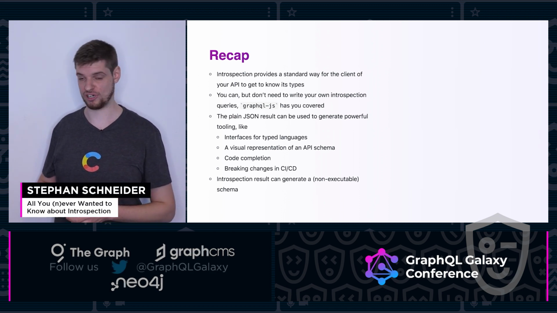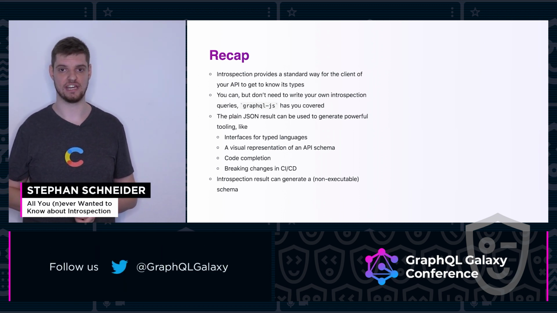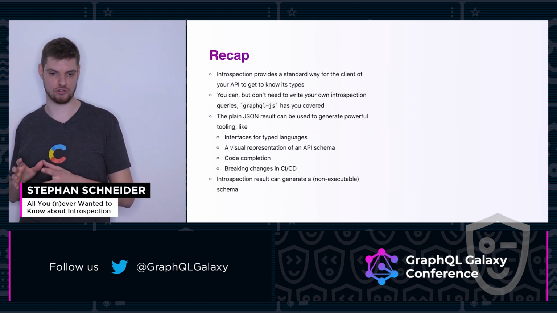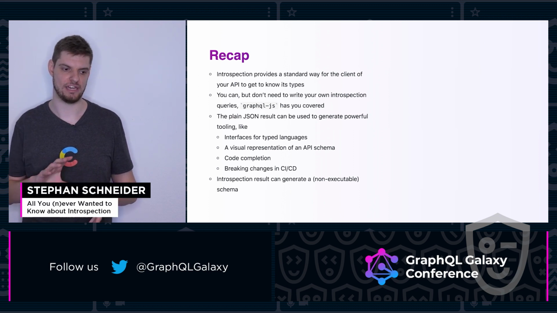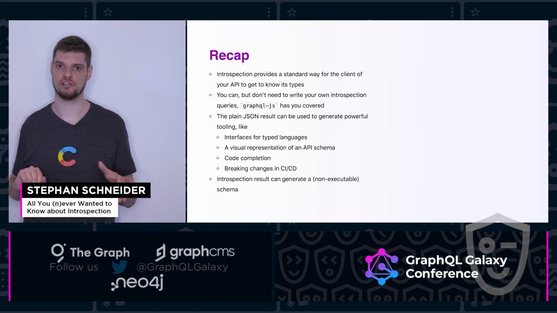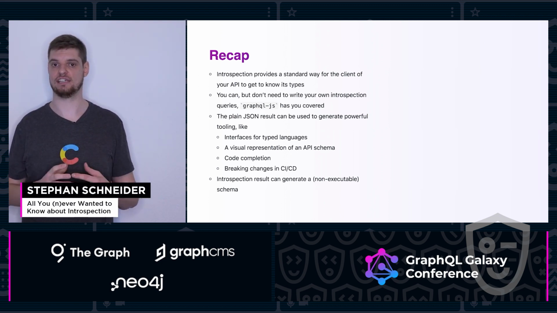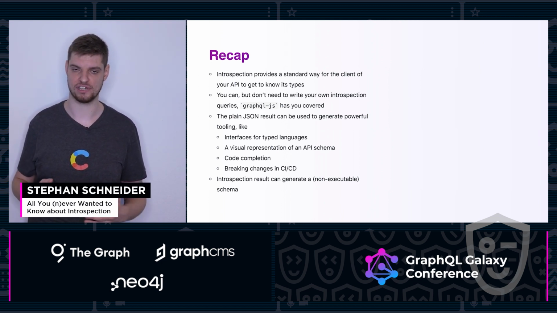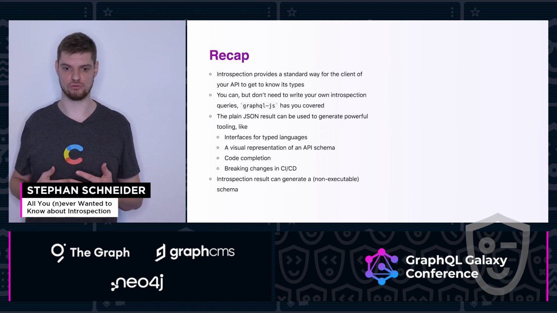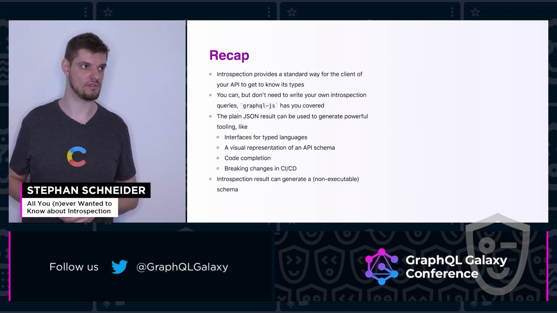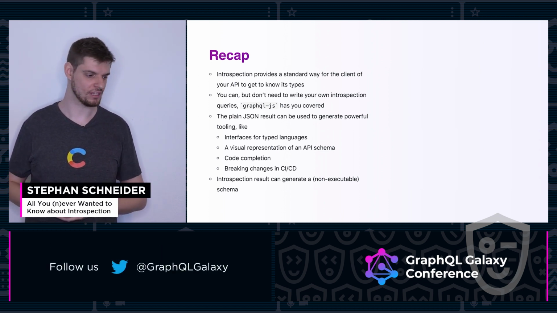And which is also pretty cool, you can use it in your CI or CD pipeline to take the new schema from your current code and compare it with what's currently on production, and you could detect any sort of breaking changes and have them automatically attached to your pull request, for example. And there is even a tool for that, I think even from the Guild, that does exactly this.